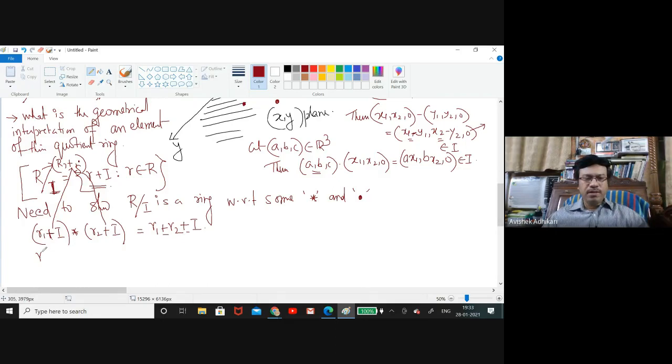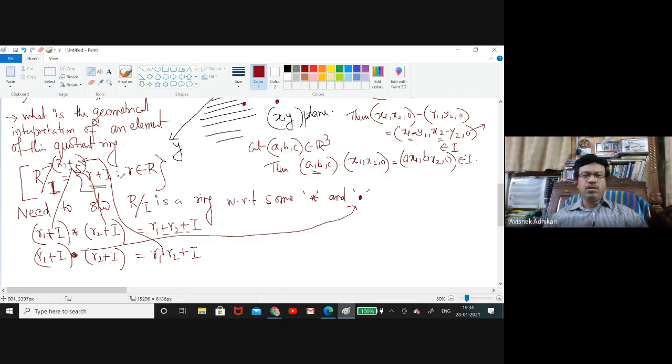Similarly, if I have R1 plus I with respect to this dot, then R2 plus I, how should it look? It should look like R1 dot R2 plus I. So what is this R1 dot R2? And this dot is nothing but the ring dot.